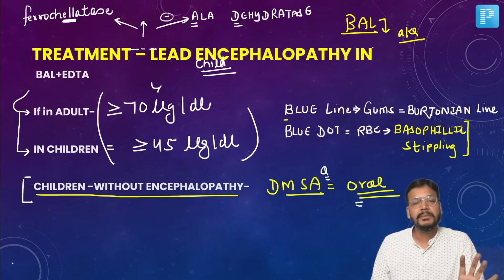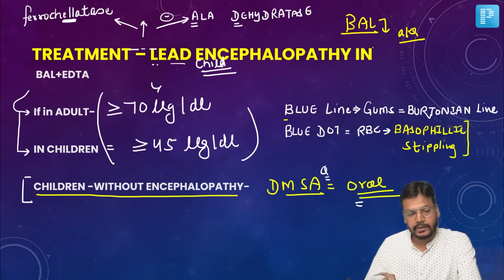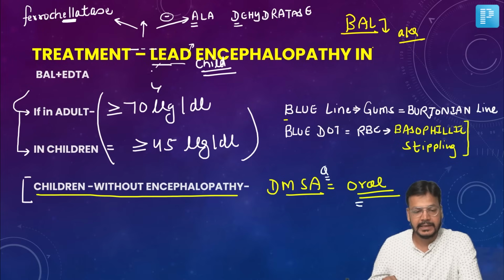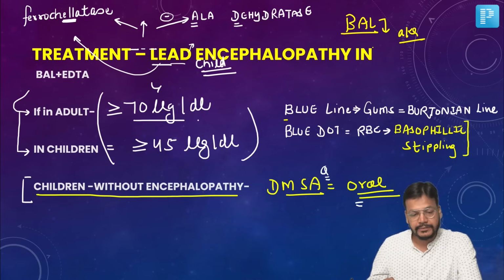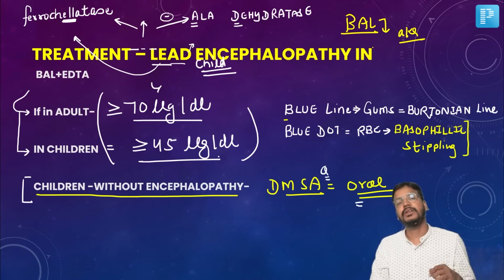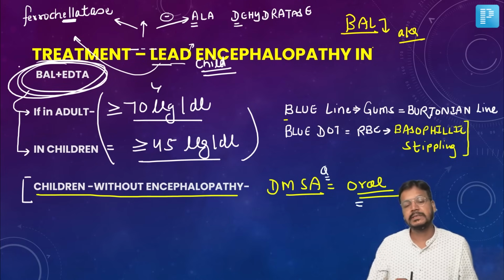Remember, my dear friend, lead. If you see the last two letters of lead, AD: lead inhibits ALA dehydratase and lead inhibits ferrochelatase. Two enzymes are inhibited by lead, ferrochelatase and ALA dehydratase, not ALA synthase. In adults, if the lead level is this, and in children, if the lead level is this, if we have encephalopathy, we use BAL plus EDTA.